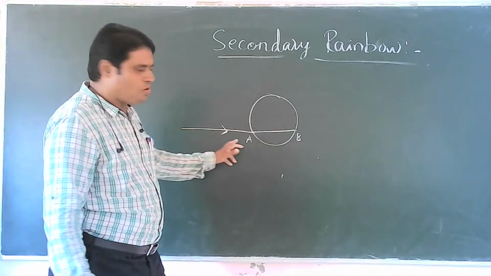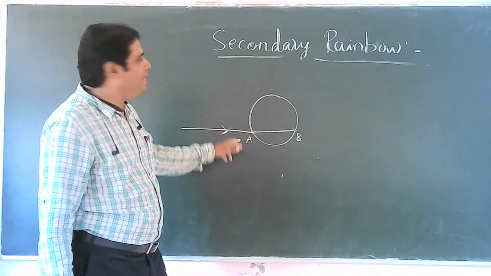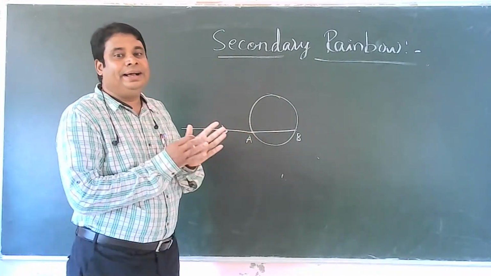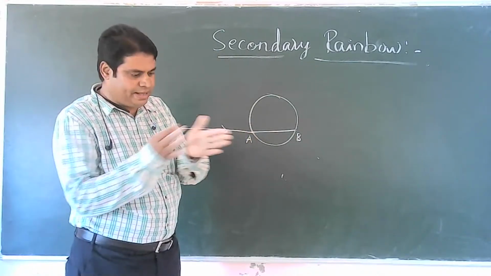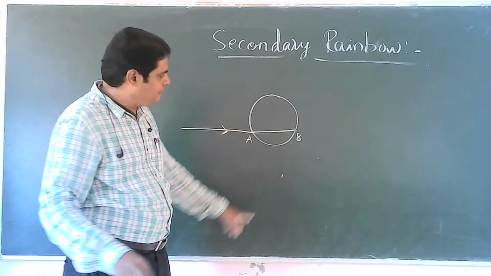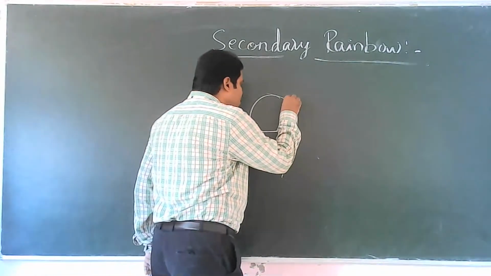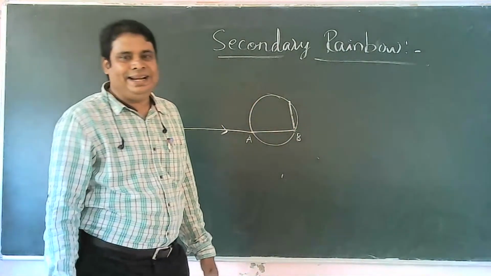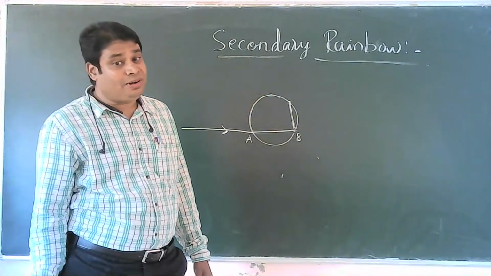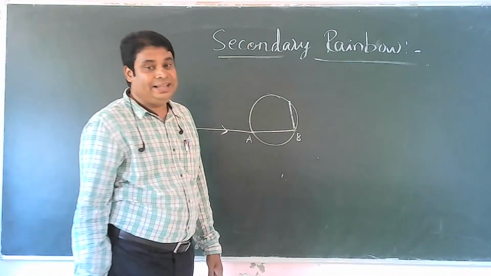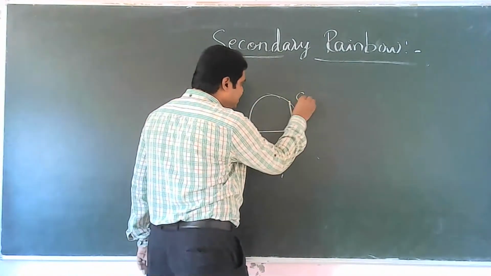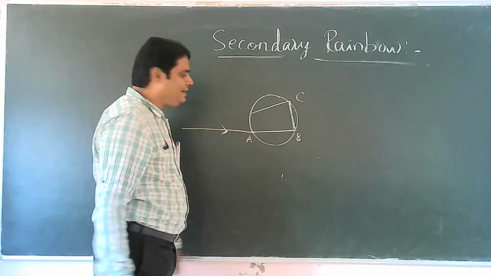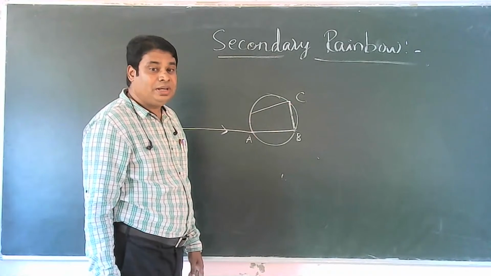When sunlight enters the raindrop, in case of the secondary rainbow, first at point A, refraction takes place. Hence, there is a division of colors. At point B, it undergoes total internal reflection. At point C, once again it undergoes total internal reflection.